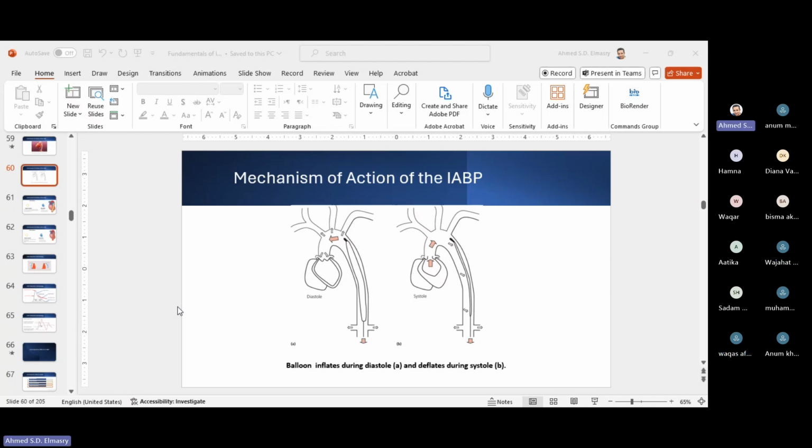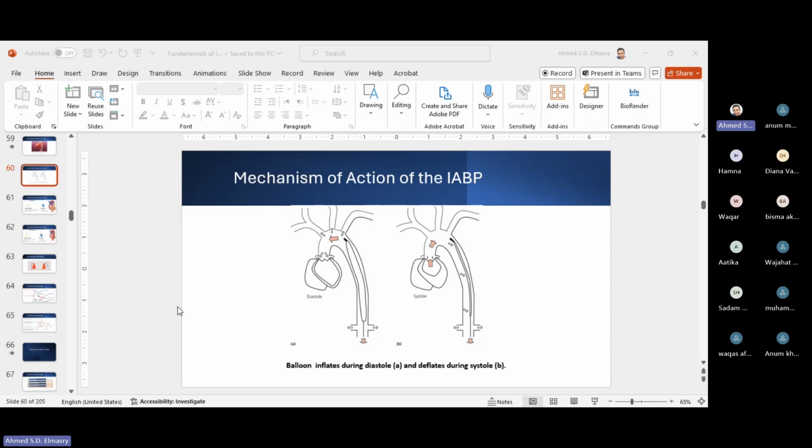I know the physiological part might be difficult for you, especially the cardiac cycle. It's very, very difficult. But you have to know the cardiac cycle because problems with the timing might affect the performance of the intra-aortic balloon.